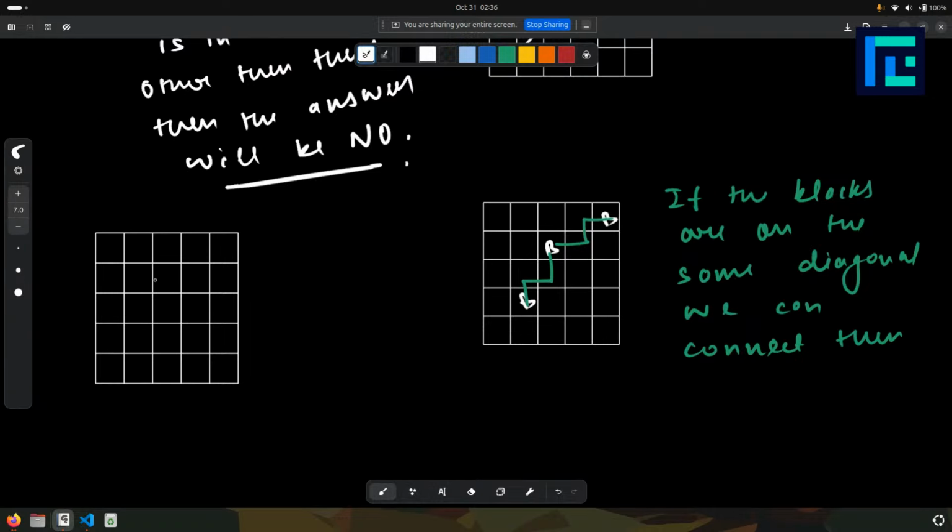What if again I had one here, one here, and one here. What if I have another B here? Now I have these two diagonals, and on both of the diagonals I still have two blacks. Can I still connect them? Let's try to connect them.